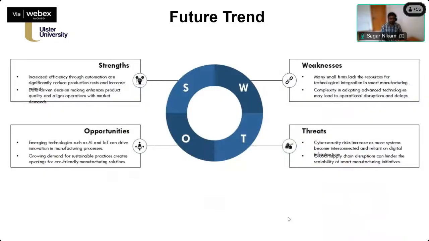Small industries also don't have many skilled employees, so it is very difficult to skill the people there. That could be the weakness. The opportunity is that we can deploy the AI models in the actual manufacturing environment and make use of IoT to capture the data in real time. And the threat is cybersecurity risk, which can disrupt the global supply chain or even an organization's manufacturing strength.